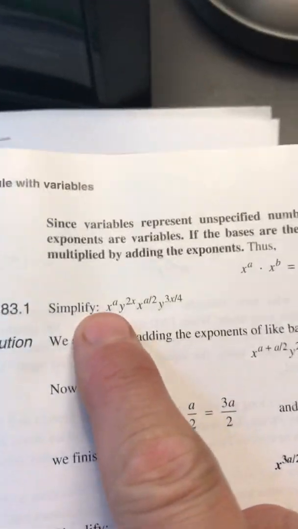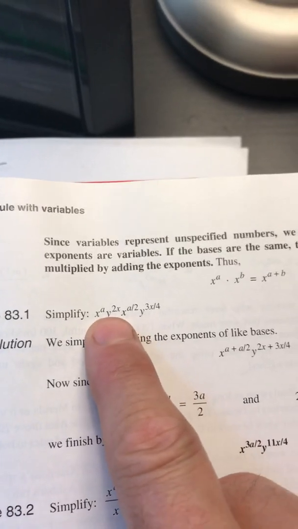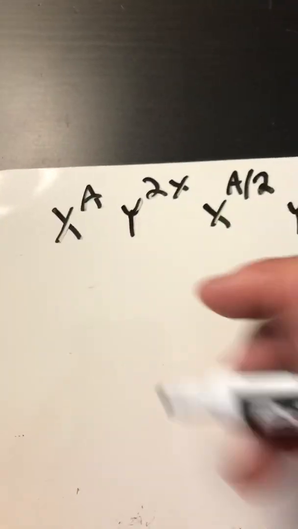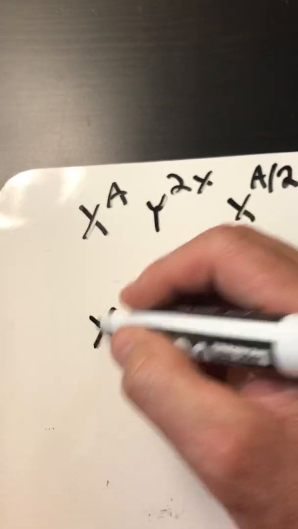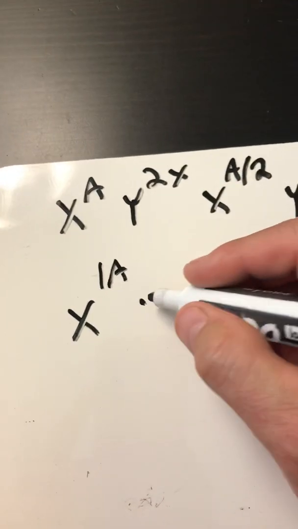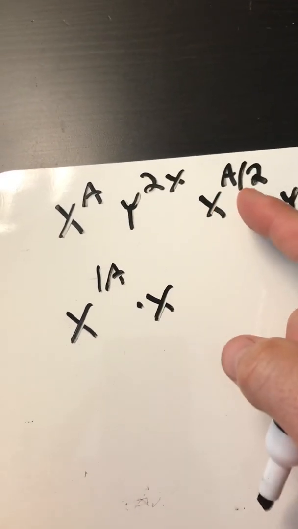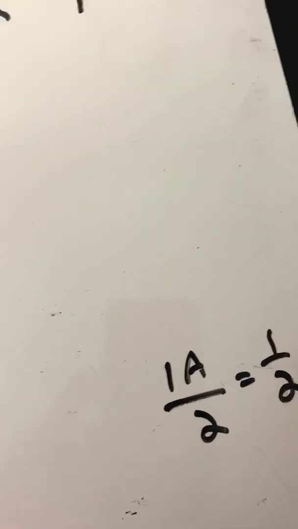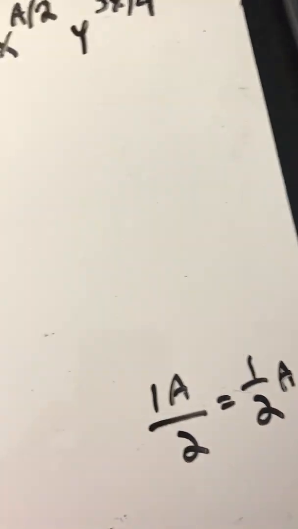So you can only do base x times base x and then base y times base y. That's all you can do. So base x times base x is going to be addition. So this is x to the 1a times x a over 2. Well, isn't that 1/2 a? Yes, it is.